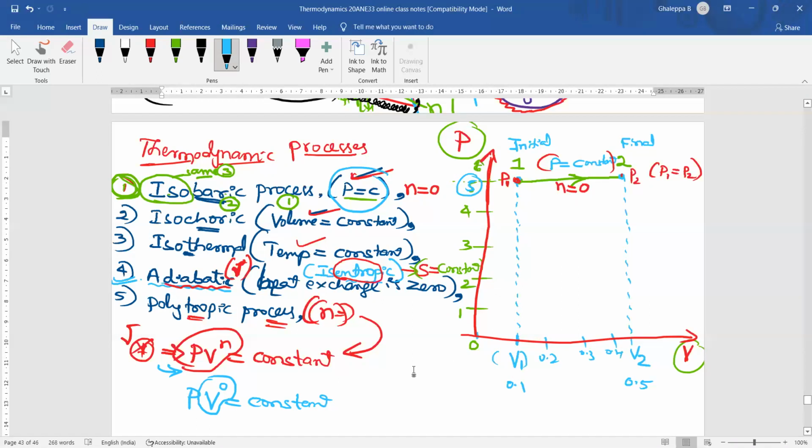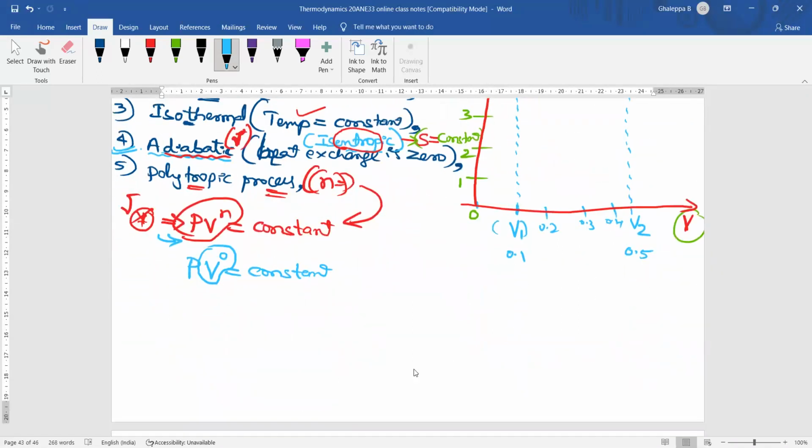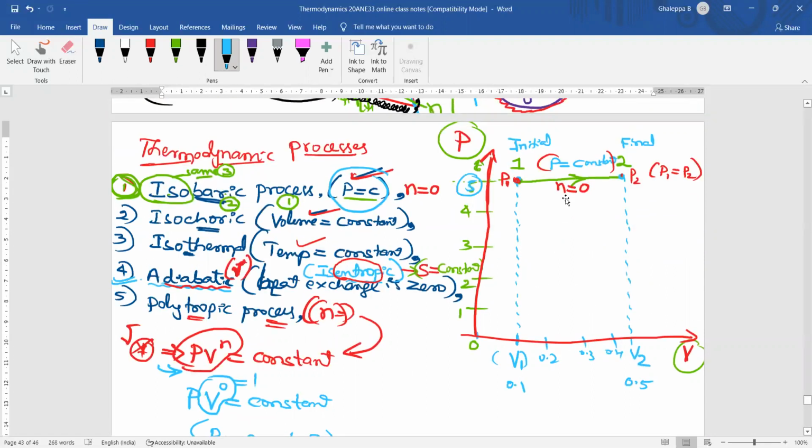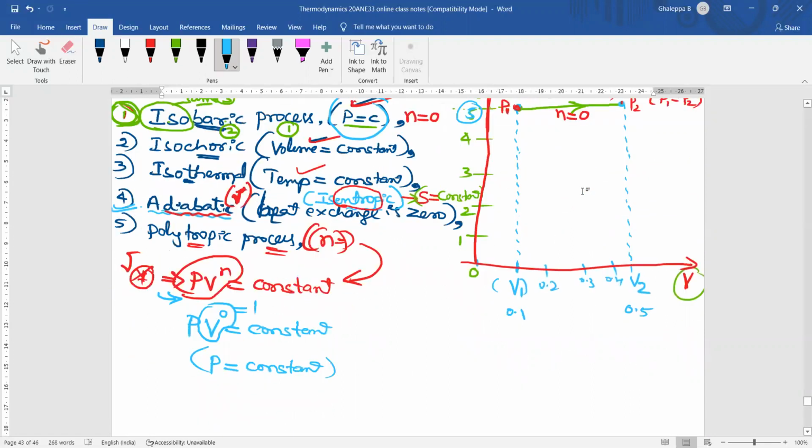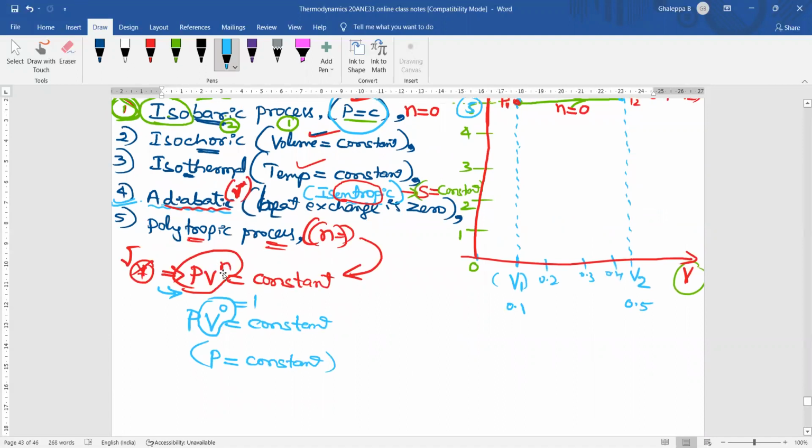Any value to the power of 0 is equal to 1. So 1, pressure is equal to constant, you will get. That is the reason I said here n is equal to 0. Why did I say n is equal to 0? If you put n is equal to 0 in this equation, you will get pressure is equal to constant.